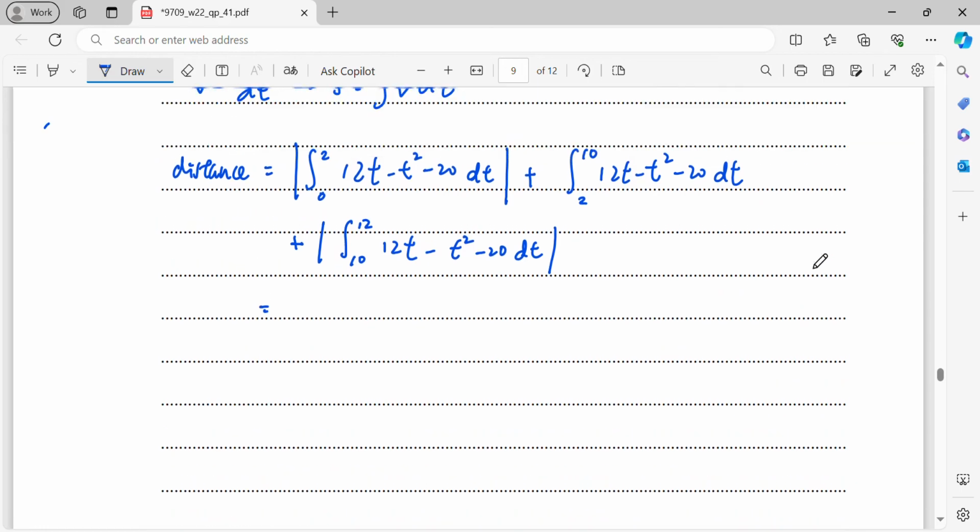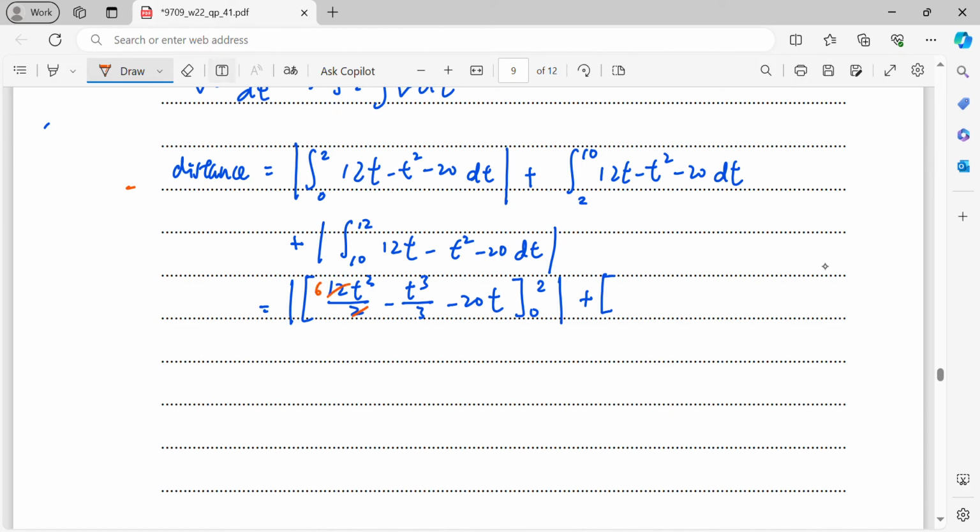So from here, when you integrate, the first one is 12t squared over 2. Okay, probably I just write minus t cubed over 3 minus 20t. Same integration for all, so just rewrite. So basically, the first one, 12 over 2 is 6.